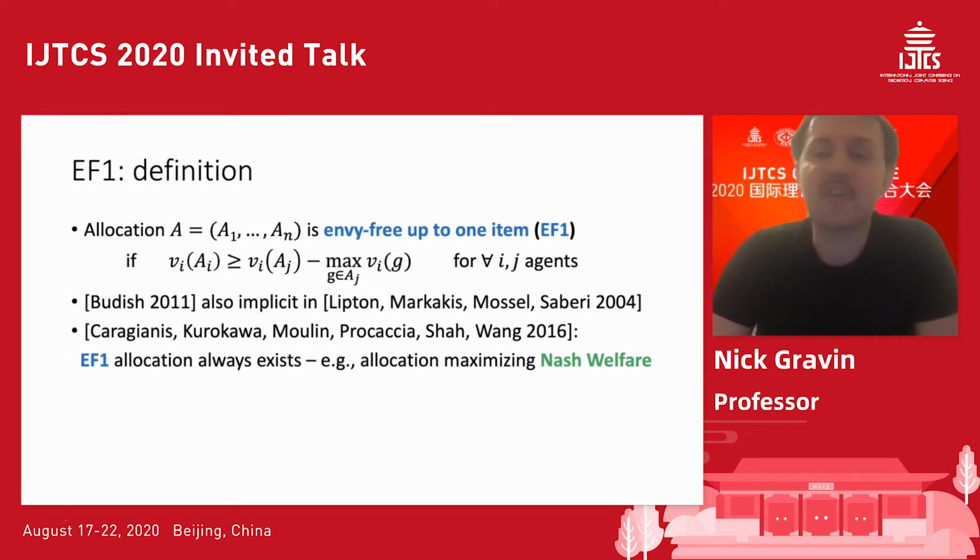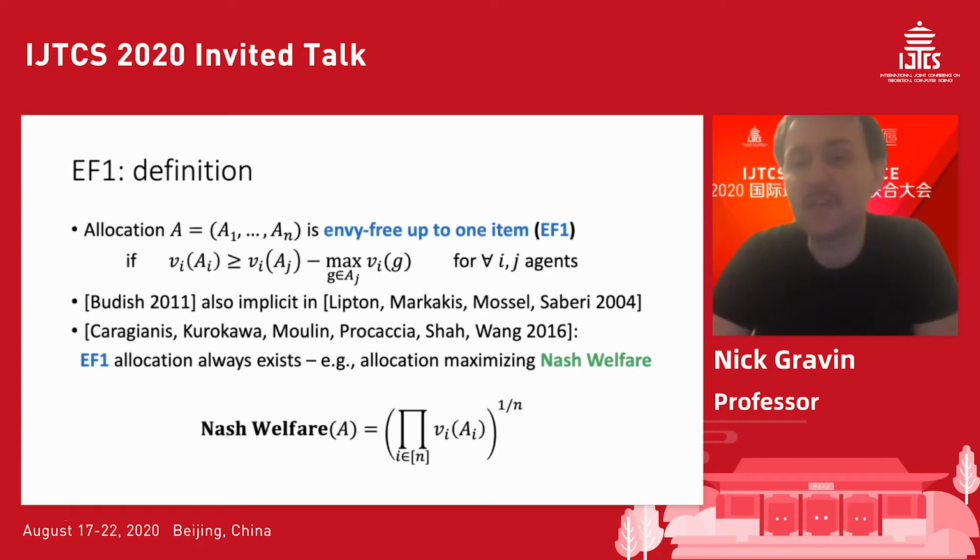All right, so what is Nash welfare? It might sound something scary, but it's actually something reasonable and quite nice. So Nash welfare is just a geometric average over the values of agents for their corresponding allocations.